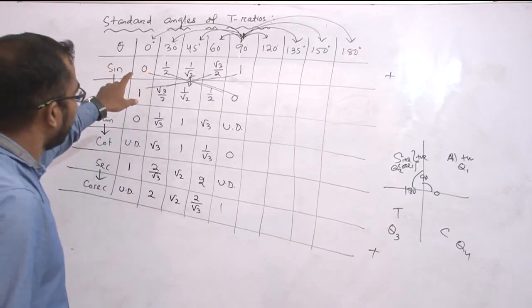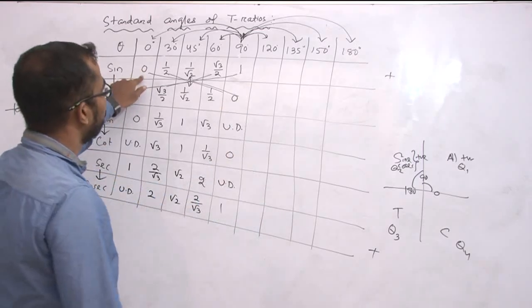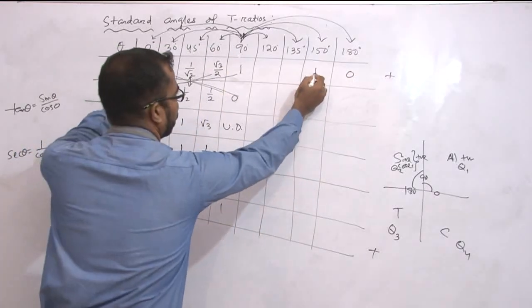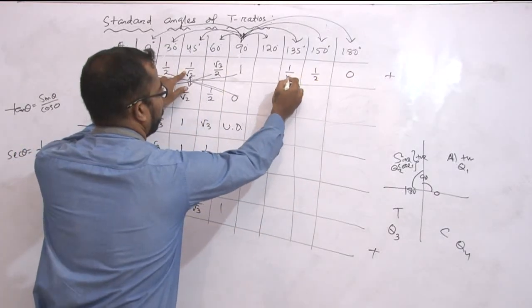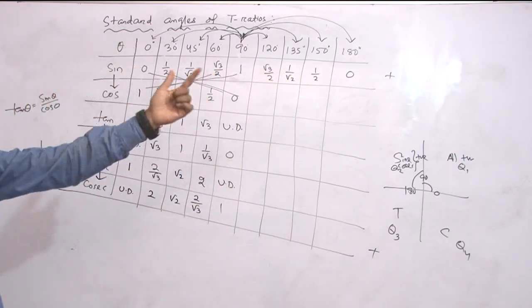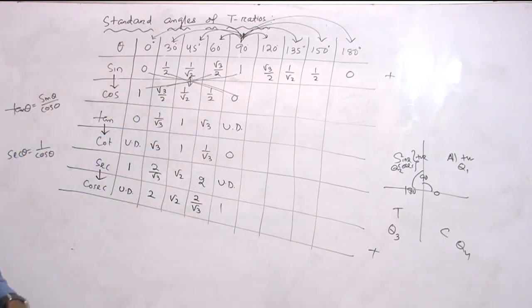So it is very simple that the value of first is the value of last. That means here the value is 0 and the value is also 0. That is half, that is 1 by root 2, 1 by root 2, root 3 by 2. So write as a right side. So first value is also equal to last value.